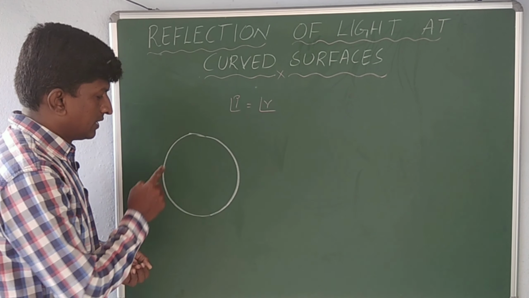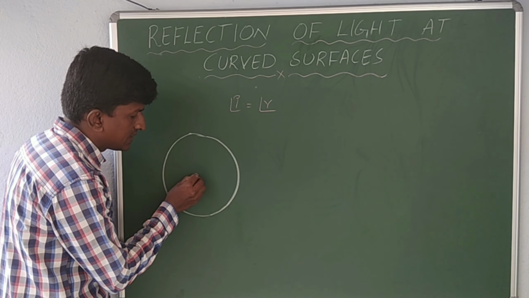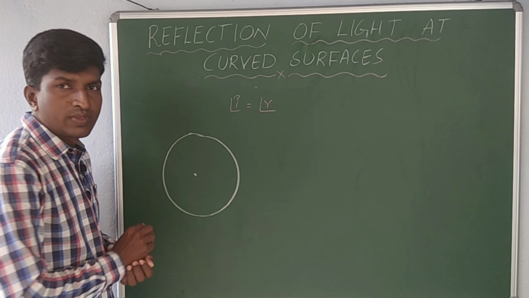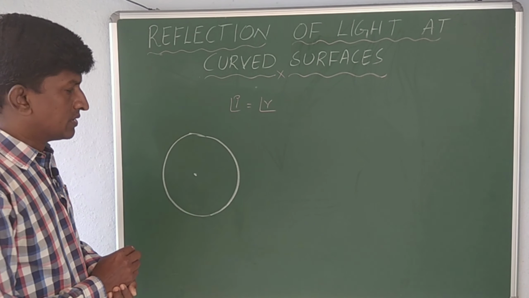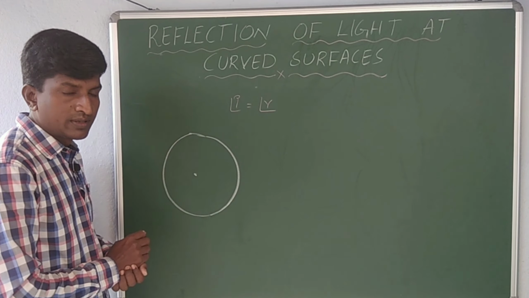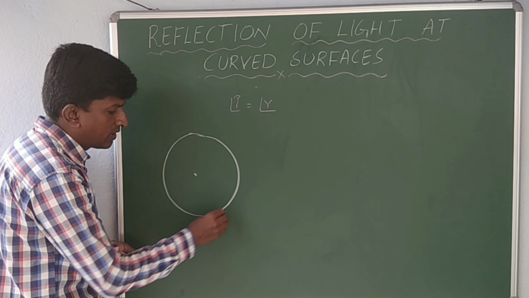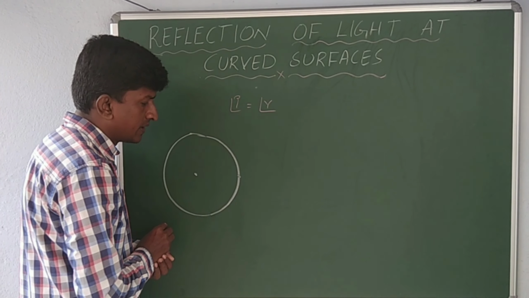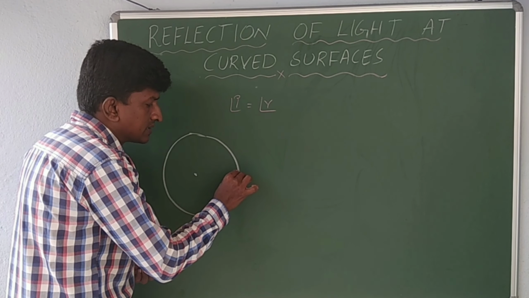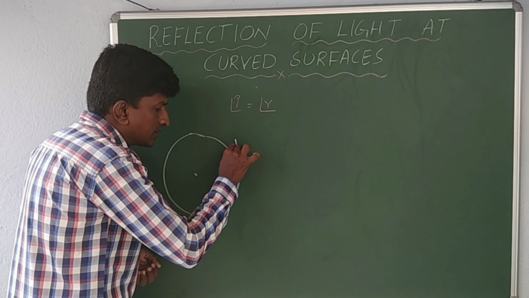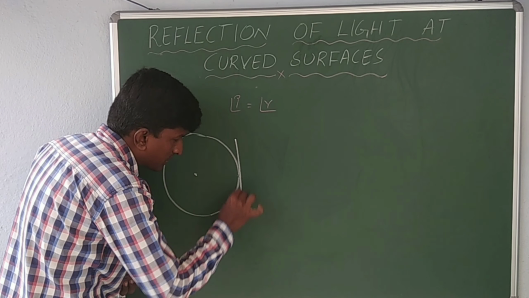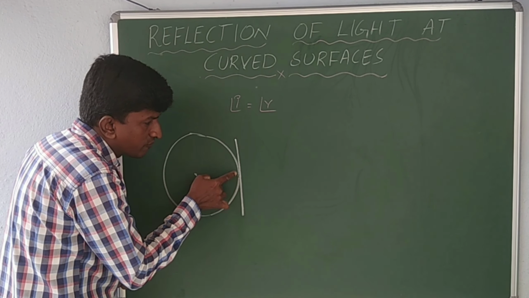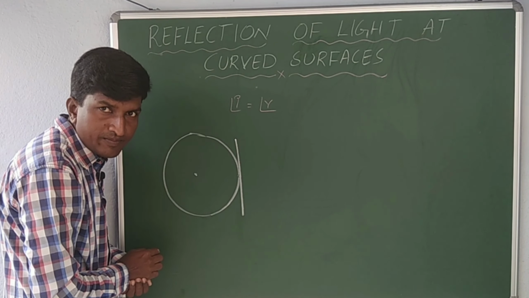This sphere has a center point. Take any point on the surface; at that particular point, the surface is tangential.